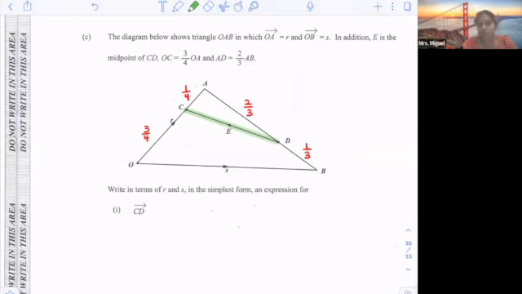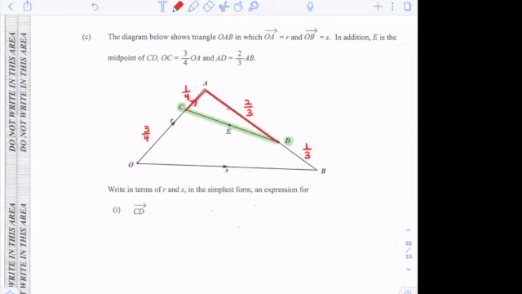So the other two vectors that will take us from point C to point D is if we travel through A. So it's like you are going from point C to point D, but you cannot walk straight across. You have to find an alternate route. So therefore, you will go from C to A and then from A to D. Do you all see that? Yes, miss.